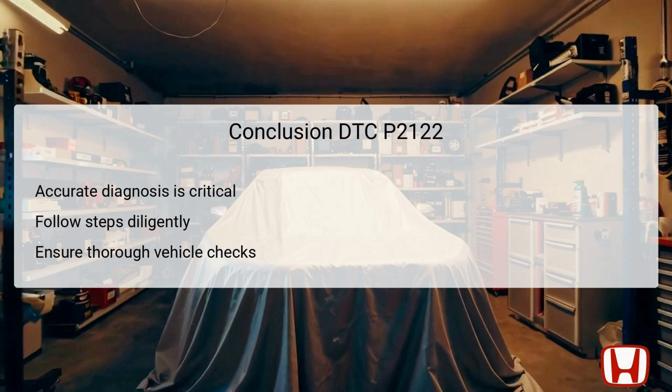Diligently following the specified steps leads to a clear understanding of the underlying issues, allowing for effective repairs to restore normal performance. Regular maintenance and vigilant monitoring of electrical systems contribute to long-term reliability and optimal vehicle operation, safeguarding against sudden issues over time.